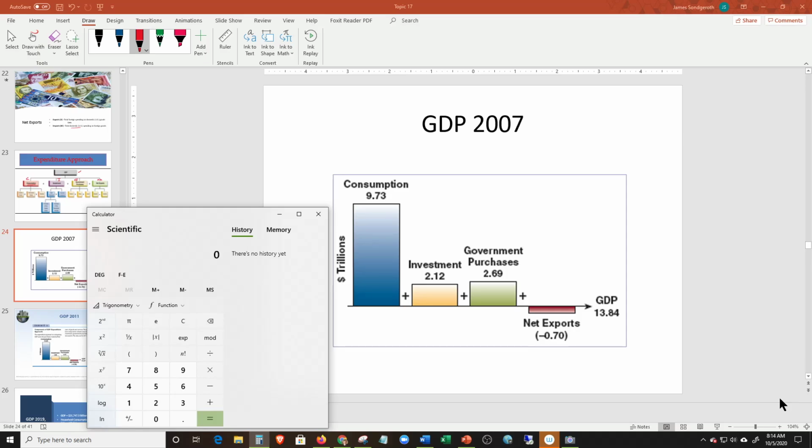It's 9.73 divided by 13.84, and that looks like 70.3% of GDP that year.